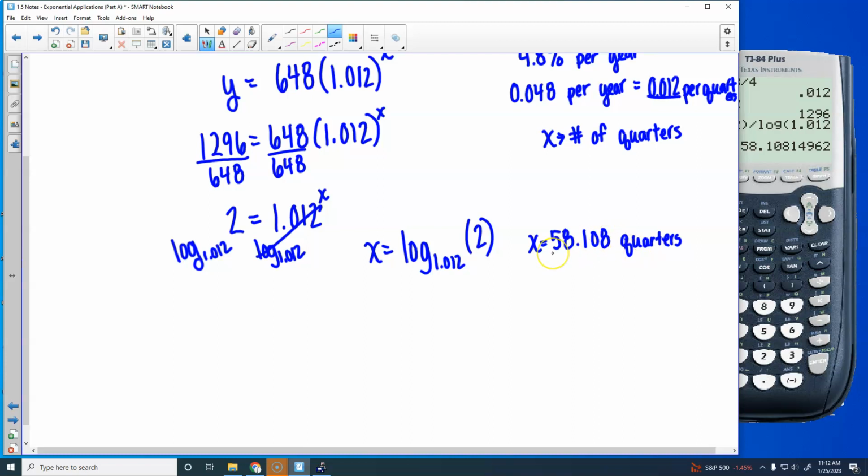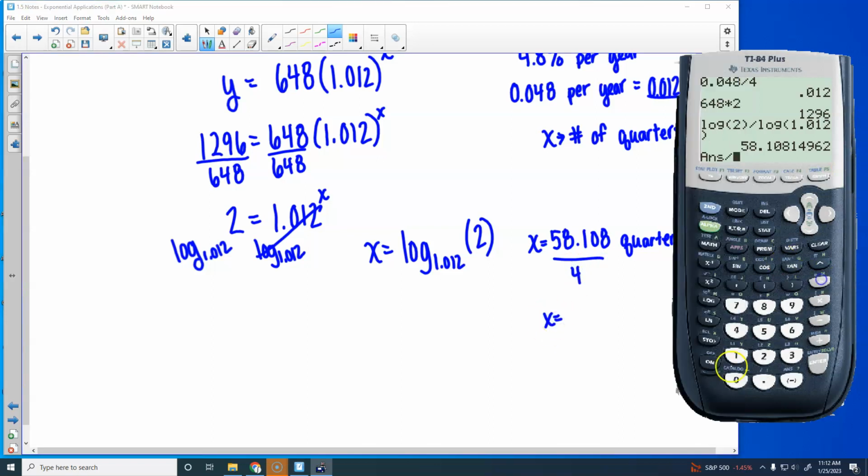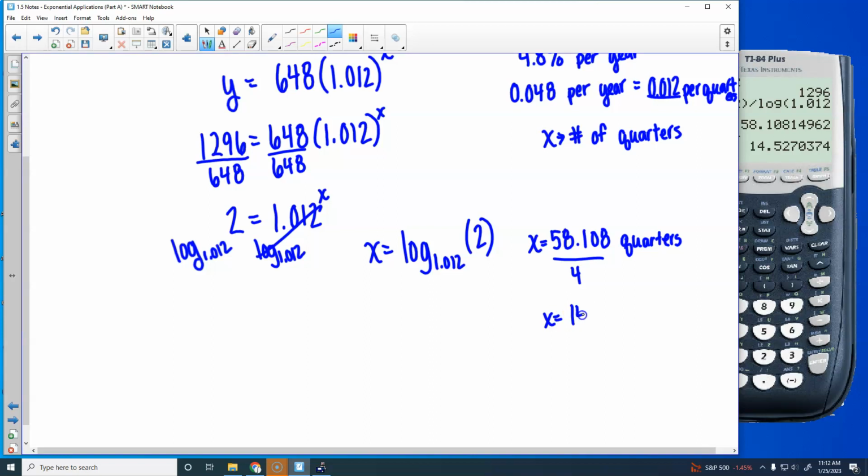So what would I do to change this back to just years? We got to divide by 4 because there's 4 quarters every year. So we're going to divide this by 4. And we got 14.527 years.